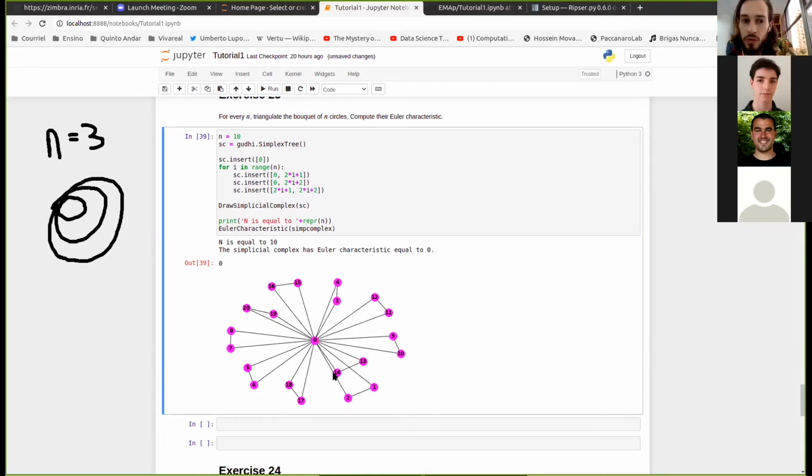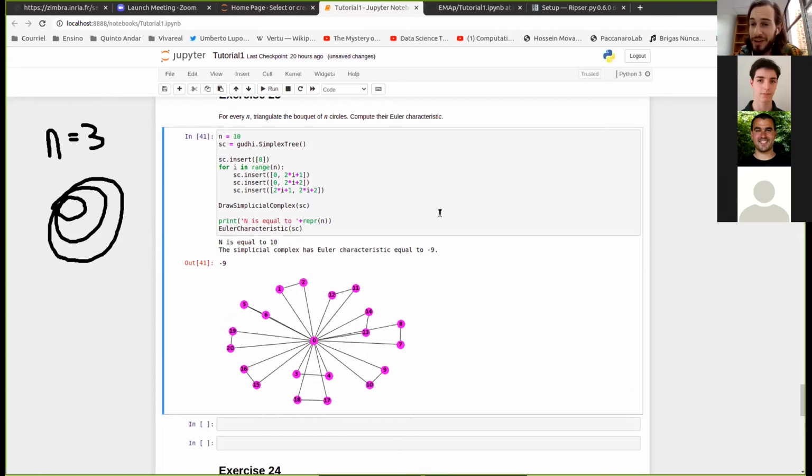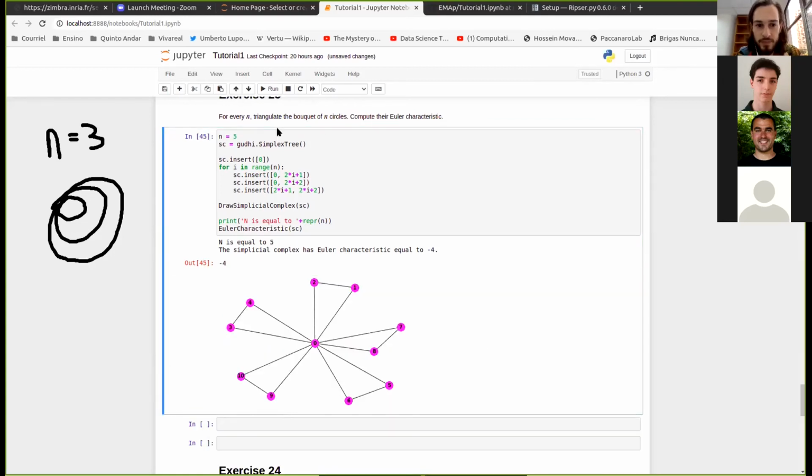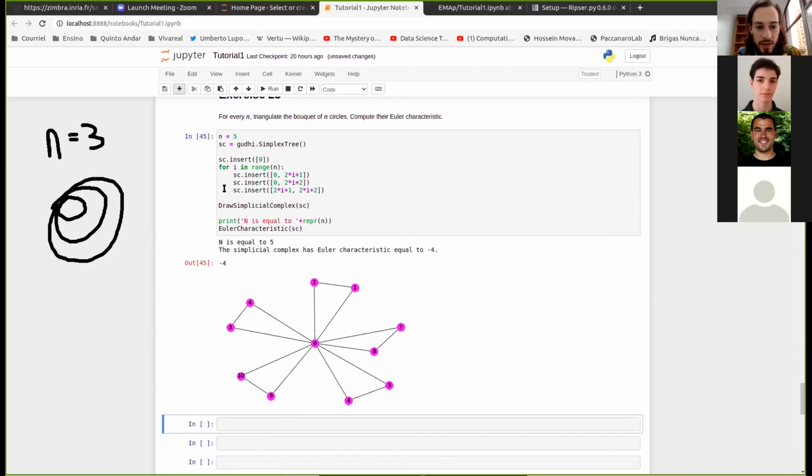Sorry, you are computing the Euler characteristic of the other subcomplex. Oh, right. Thank you. So I was absolutely wrong. What is the Euler characteristic of n circles? For 0, it's 1. For 1, it's 0. It's n minus 1.